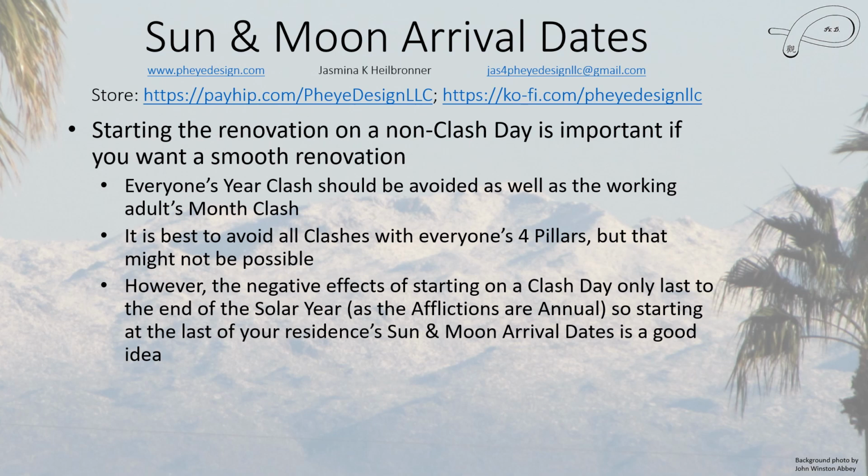But you can also wait until there's no problem there. This is really only necessary near the end if somebody's clash day cannot be avoided, because you're trying to lessen the problems that they may have.